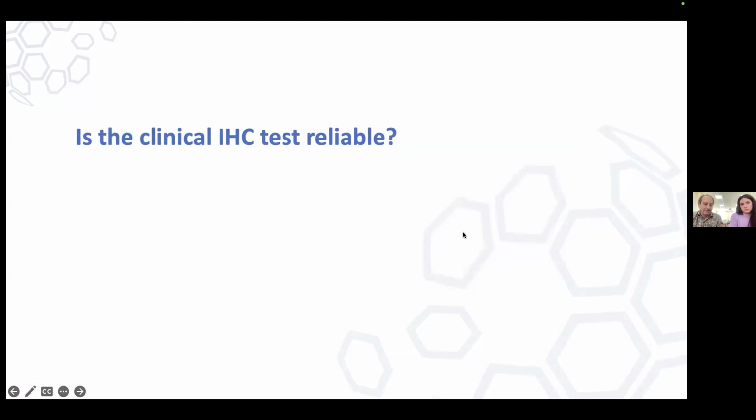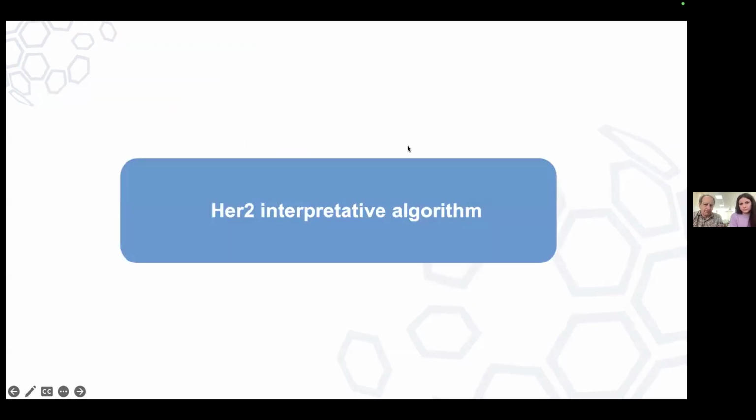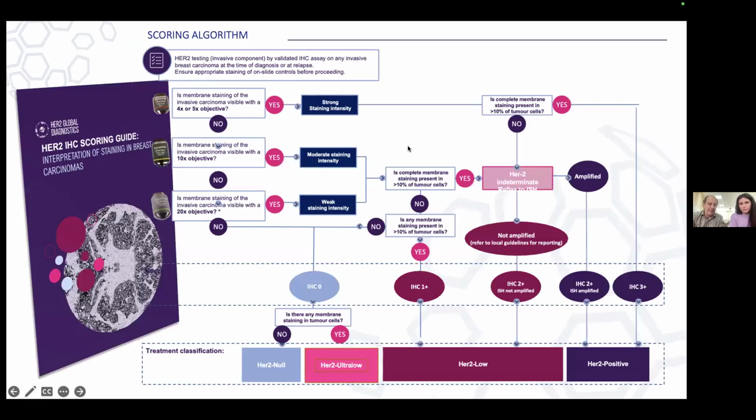So is this test reliable? We said we are very good when we have the 2-tier system, positive, negative. And this is the interpretive algorithm that we adopted once the problem of identifying this low-level expression arose, with the DB04 trial and HER2.